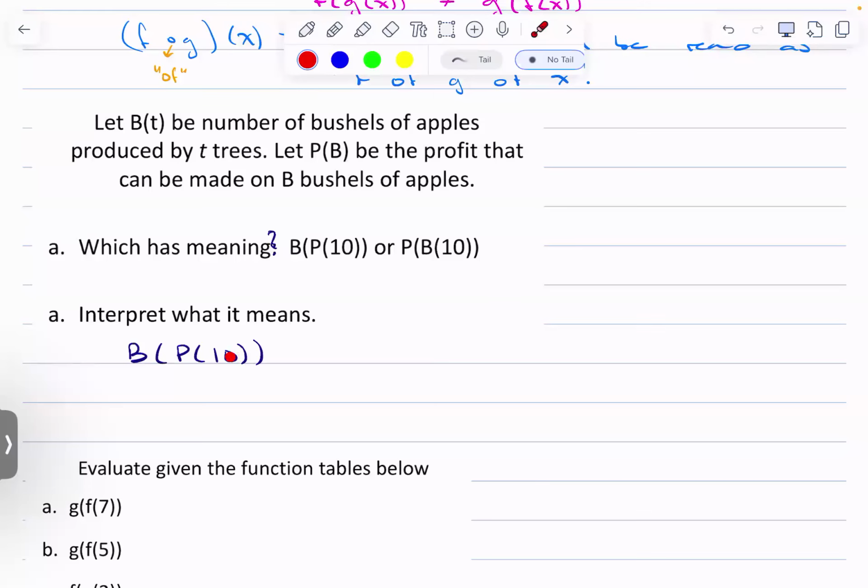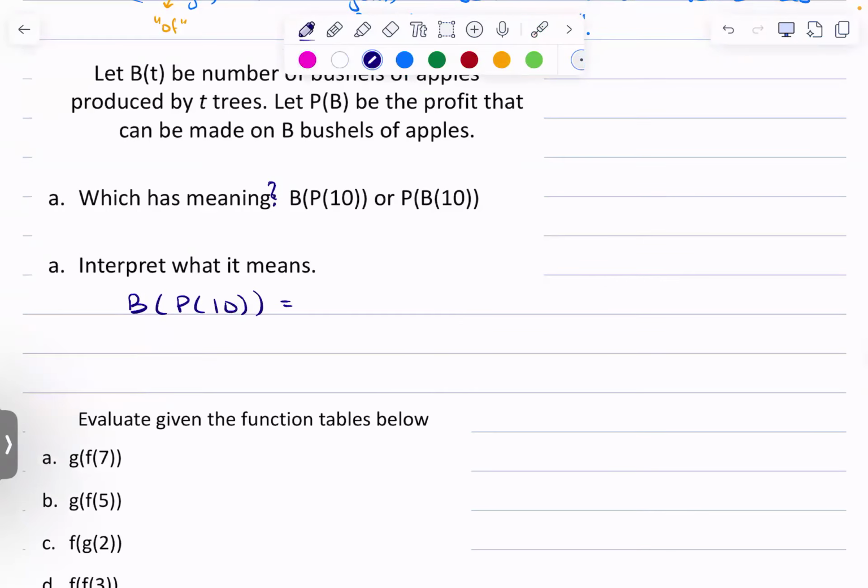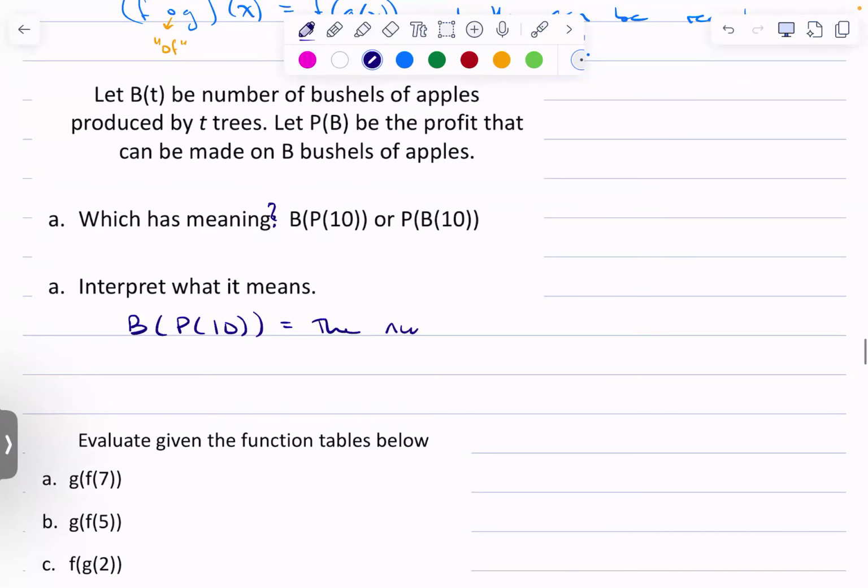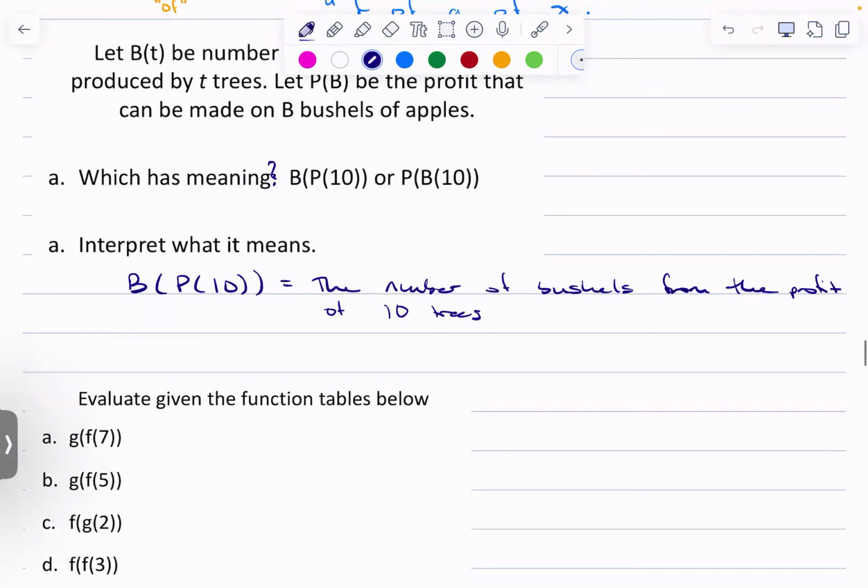Doesn't make sense, right? And so here, this is going to be the number of bushels from the profit of 10 trees.